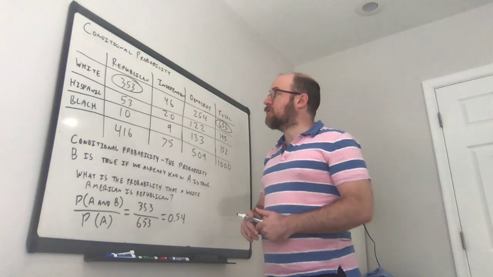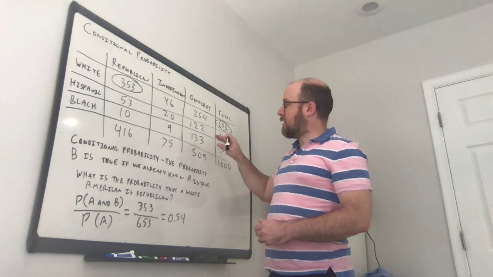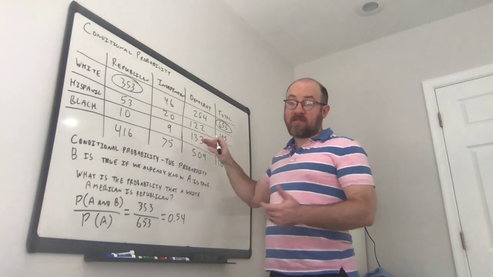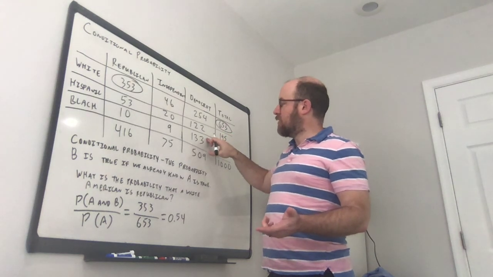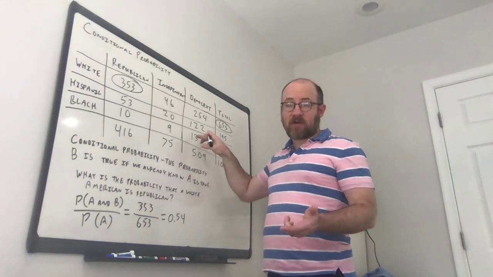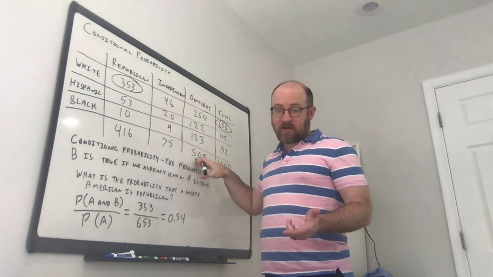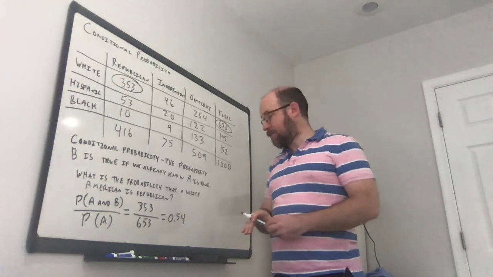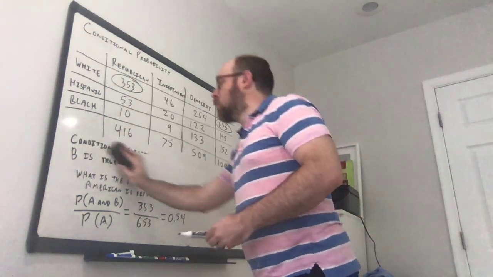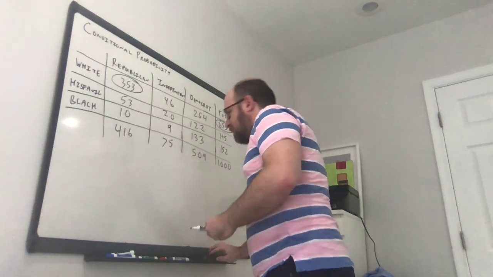Similarly, if we wanted to know the probability that somebody who is a Democrat is black, we would take 133, the number of people who are Democrats and black, divided by the total number of Democrats, 509, so 133 over 509. Let me go over this difference.